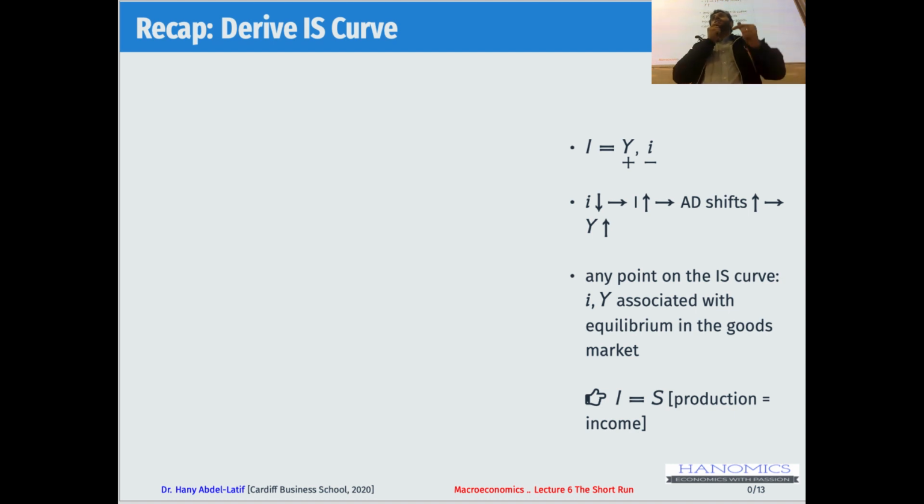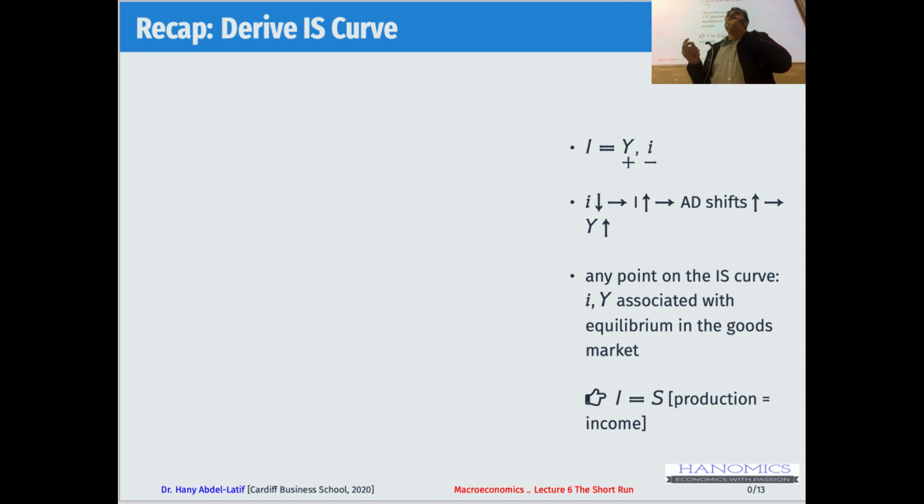If the interest rate falls, that means higher investment, so aggregate demand should shift upward. If we have higher interest rates, investment should drop, and aggregate demand will drop as well. And that's exactly what we explained.